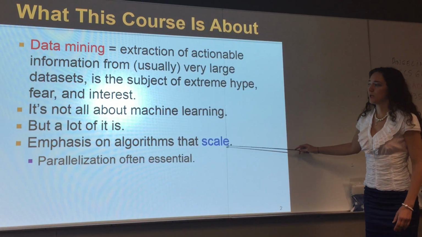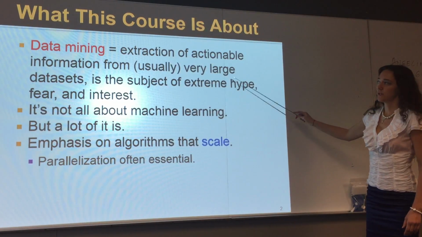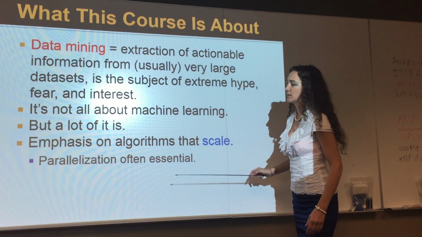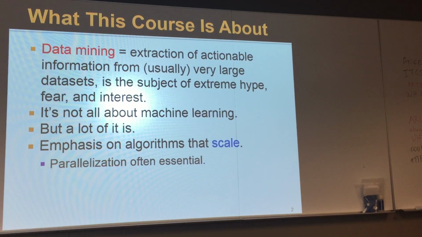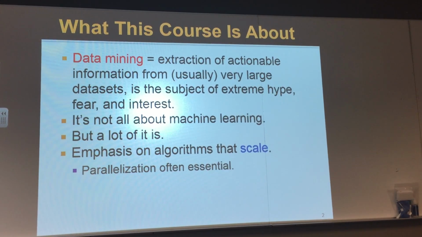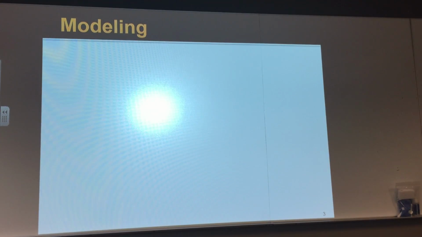So that's what we say: emphasis on algorithms for data analysis that scale. Parallelization is essential. By parallelization, we mean that they are running in parallel, or at the same time, on several nodes or machines.